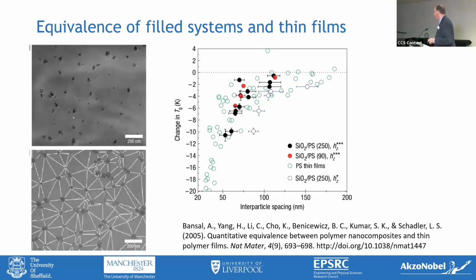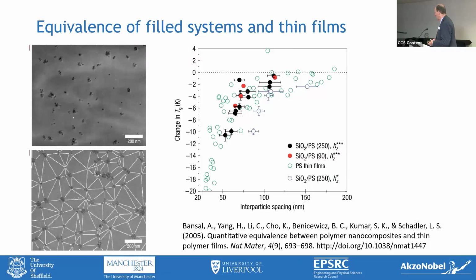And another nice piece of data, which I think is actually very relevant to us, so Sanat Kumar's group demonstrated that in filled systems, you can see a change in TG. You can think of a filled system as being a system that's confined, that's got a lot of interface near it.